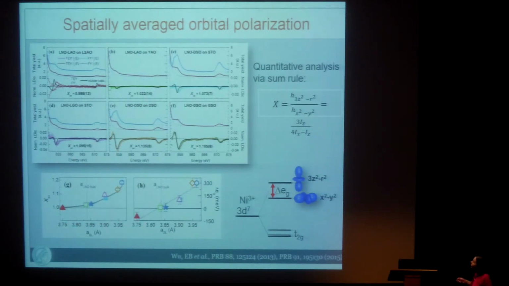And by modeling these data with a simple cluster model, we extracted the splitting of the eg level, which increases, to a good approximation, linearly with strain: it is negative for compressive strain as expected, then crosses 0 and increases.